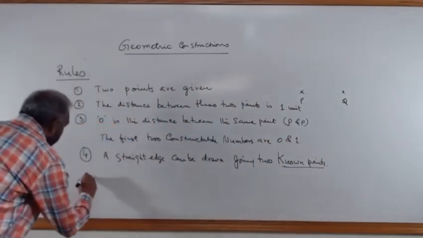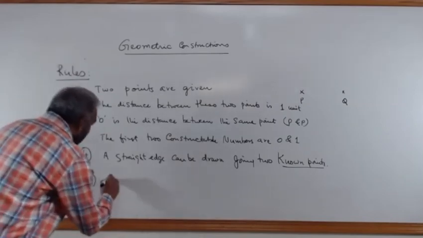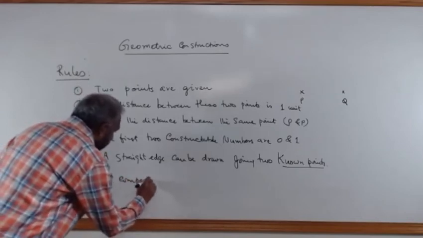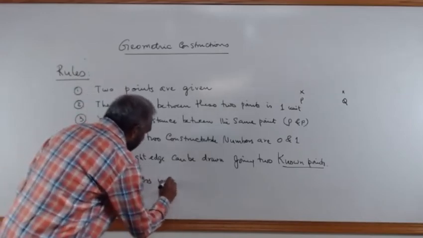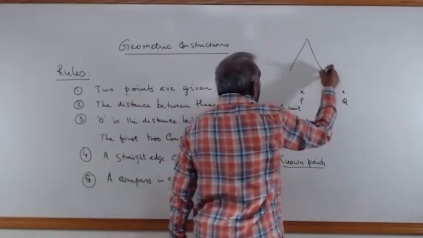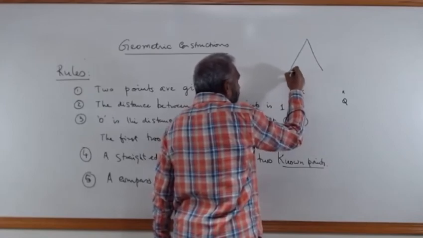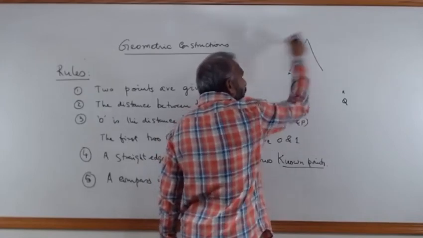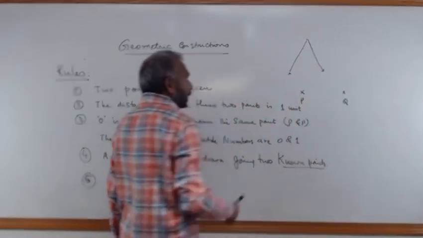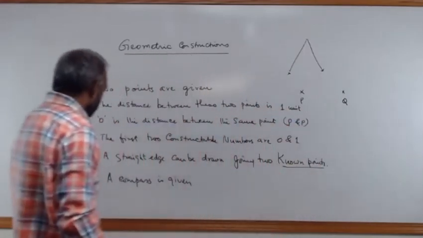And the fifth rule is a compass is given. Compass means you can fix one point and draw a circle with the other leg of the compass.